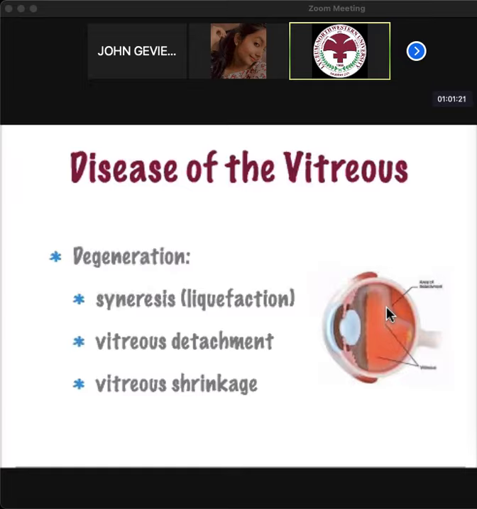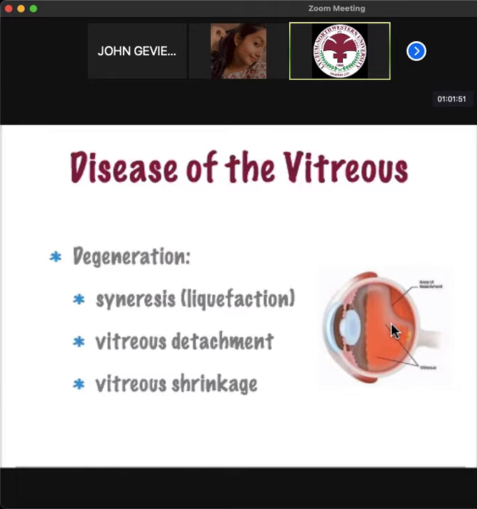Especially in myopes, those with a long eye, nearsighted, they are usually the ones who complain most of floaters, because their vitreous usually liquefies fast. We call it liquefaction or syneresis. There could be earlier vitreous detachment. It's normal to have vitreous detachment or vitreous shrinkage.